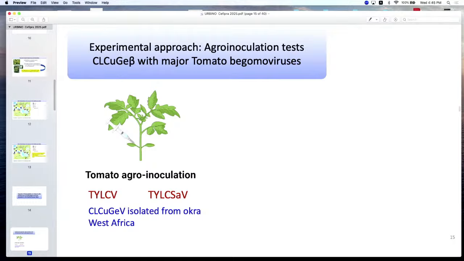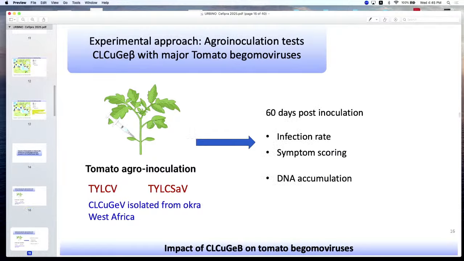So we use agroinoculation methods of clones, and we inoculate beta satellites isolated from okra in West Africa, which is cotton leaf curl Gezira beta satellite. And then we inoculated tomato plants and followed the infection rates and DNA accumulation.